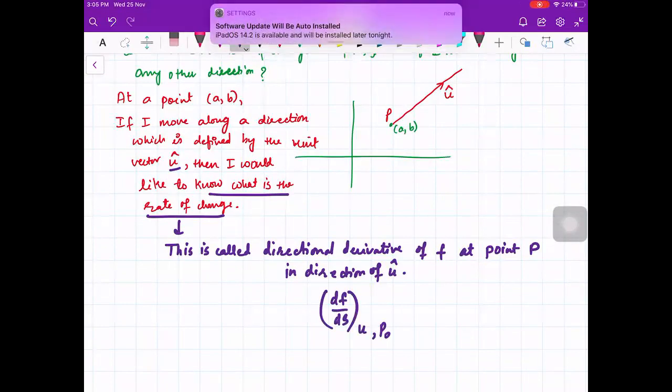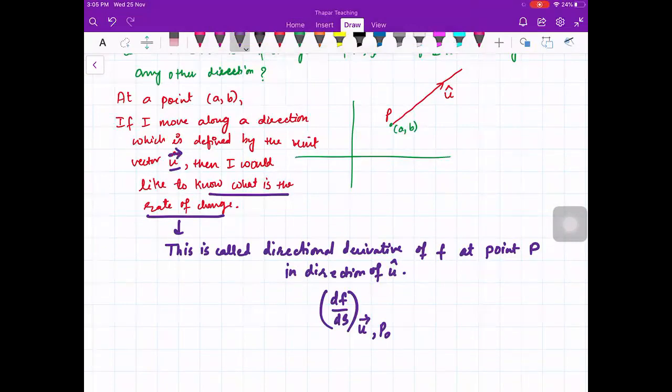If you have put a cap here, you can put a cap here; otherwise, you can put a vector symbol also. That is your choice. Is that okay?